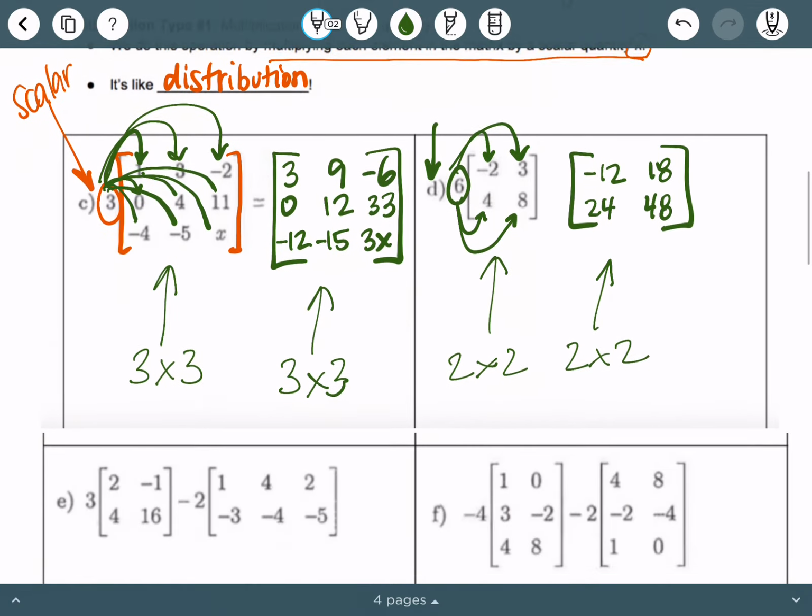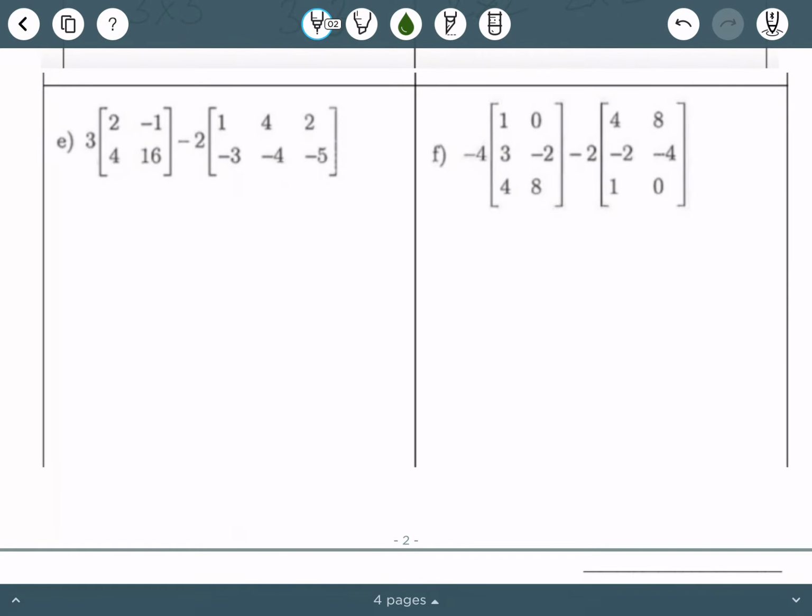All right. So when we keep going, I see two separate things here in letter E. So I see that there's a scalar that goes into this one, and then I see this scalar would go into that one. So my order of operations, I know that that's multiplying, right? And then I see that the relationship between them here is subtraction, right? So I'm going to make sure that I know that I'm either adding or subtracting these.